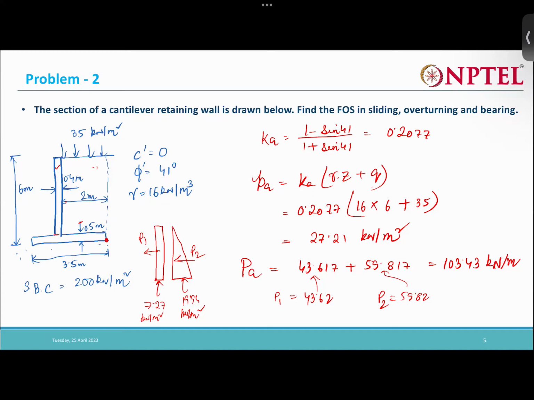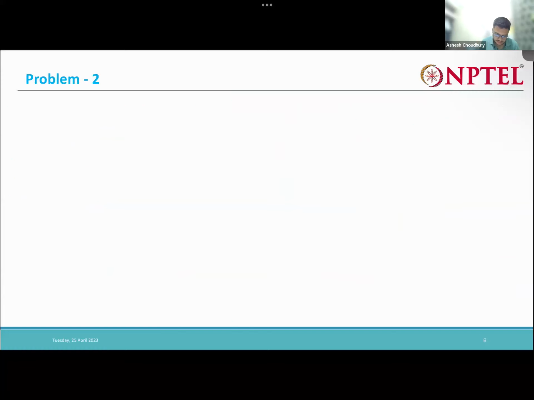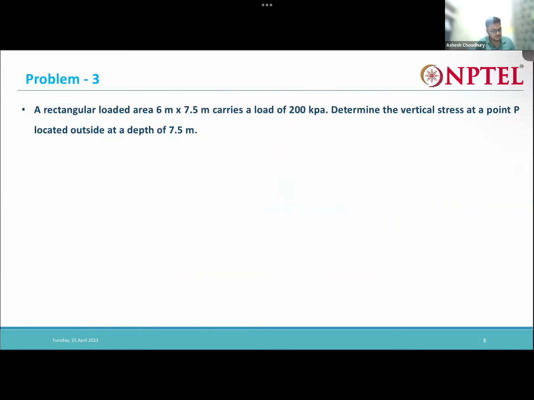Okay, so let's move to the next problem. Yeah, so the next problem, we have a rectangular loaded area, 6 meters times 7.5 meters, that carries a load of 20 kPa. We need to determine the vertical stress at the point P located outside, at a depth of 7.5 meters. Okay, so let us see how the figure is actually. We'll draw the load area for you.